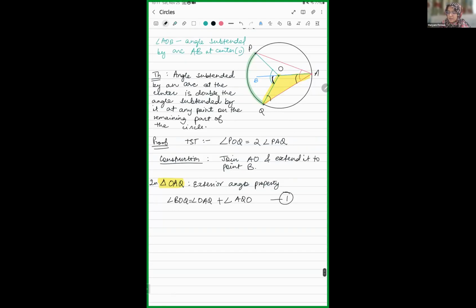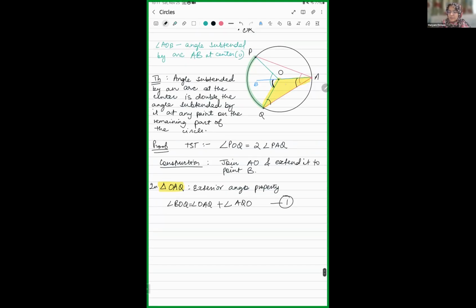And similarly, for the other triangle, in triangle OAP, the exterior angle property implies that angle BOP is equal to angle OAP plus angle APO.